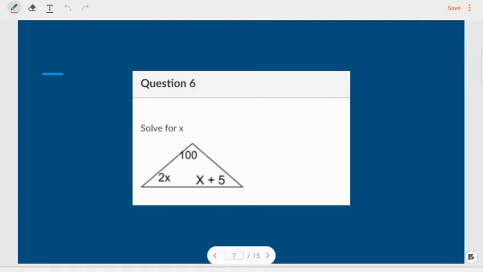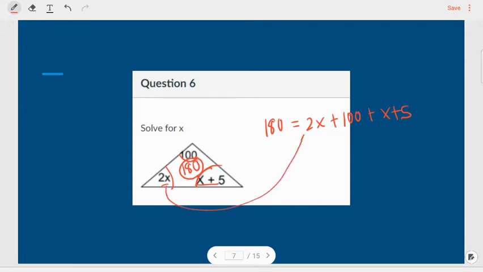Now, what do I do if I have a problem where I've got all the interior angles of a triangle, but there are expressions involved, some variables involved in my problem? Well, I'm going to do the same thing. Note to self, all of the inside angles should total to 180. So I'm going to write 180 equals all of these pieces of pizza, my angles: 2x plus 100 plus x plus 5.